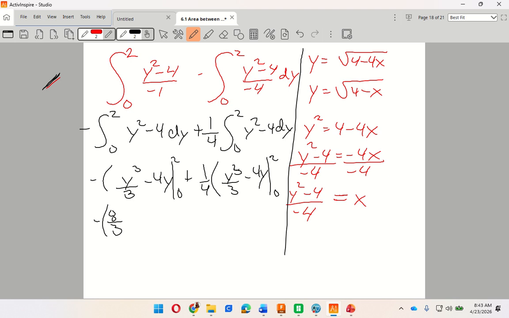And then that is a minus 8 lower bound, which is going to be 0, plus 1 over 4 times 8 over 3, and minus 8, and minus 0. Hopefully this works out right. So it's a negative 8 over 3.